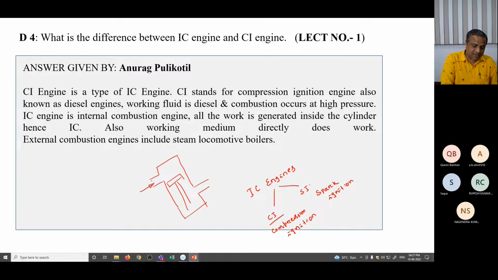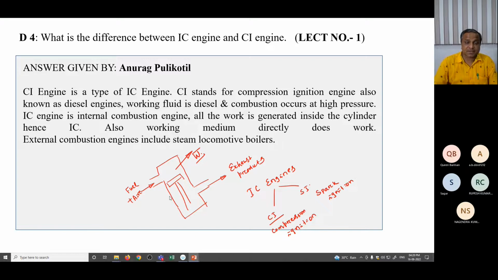Some charge, fuel plus air, enters, and out of this engine we get combustion products, or I'll say exhaust products. And the engine cylinder produces the work W. The work is nothing but the power output. So you can say it's a kind of open system.